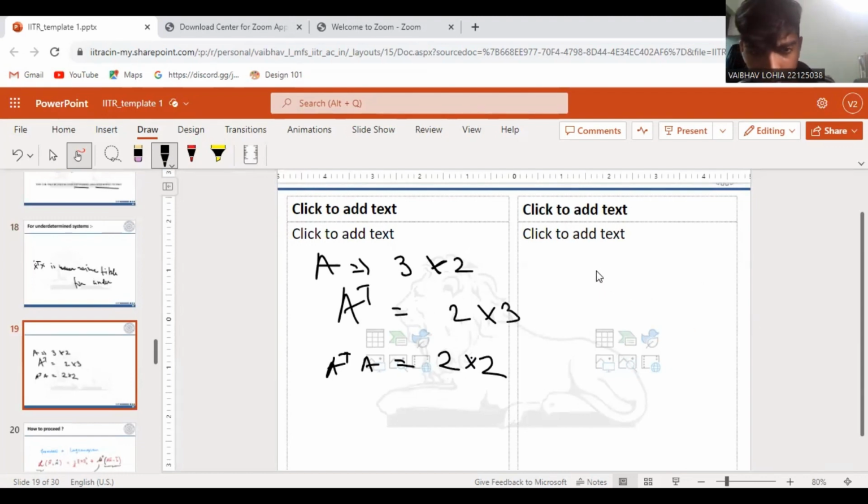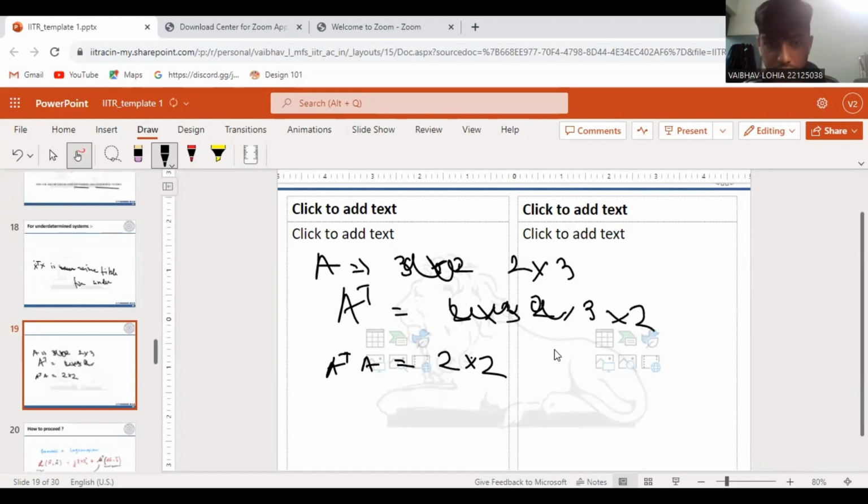Wait a minute, no. Let's take 2 cross 3. This will be an underdetermined system. Then A transpose will be 3 cross 2, so A transpose A will become 3 cross 3.